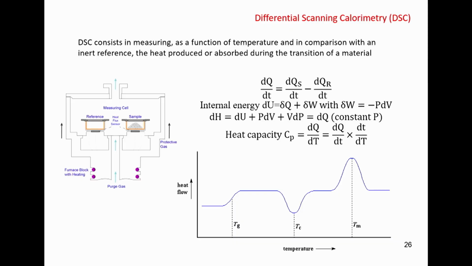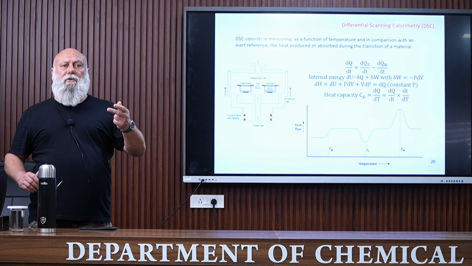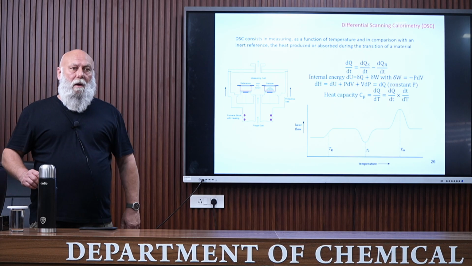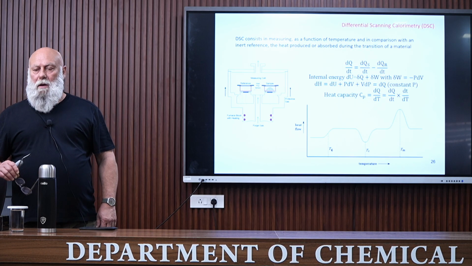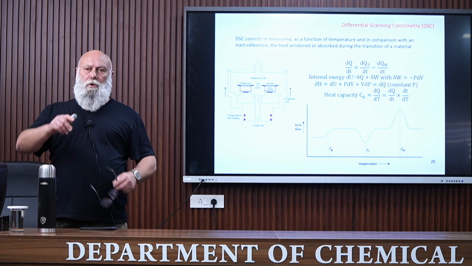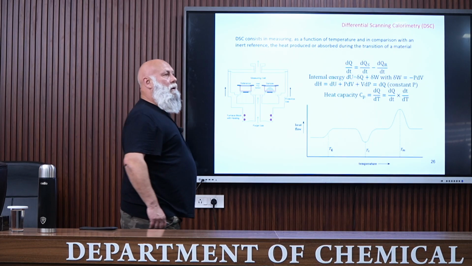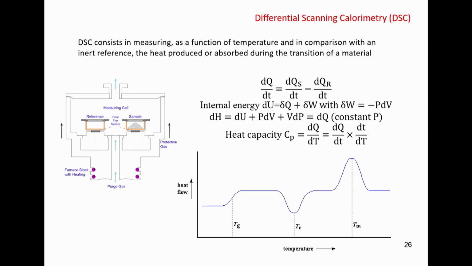So we can determine the transitions in a material, and these transitions are of two types: first-order transitions and second-order transitions. A first-order transition is characterized by a drop in thermodynamic characteristics such as enthalpy or specific volume.